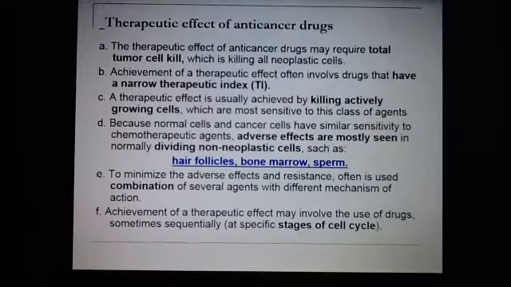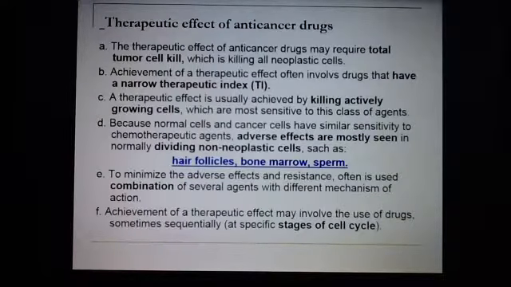Next, a therapeutic effect is usually achieved by killing actively growing cells which are most sensitive to this class of agents. Because normal cells and cancer cells have similar sensitivity to chemotherapeutic agents, adverse effects are mostly seen in normally dividing non-neoplastic cells, such as hair follicles, bone marrow, and sperm.